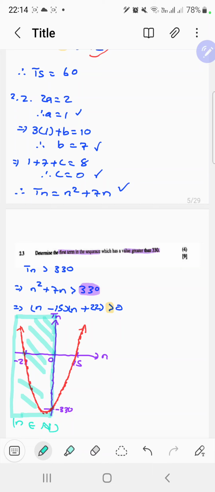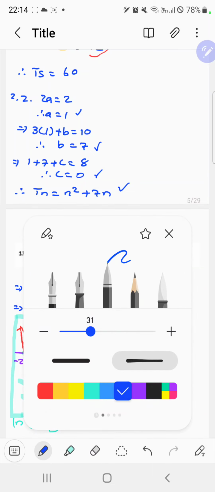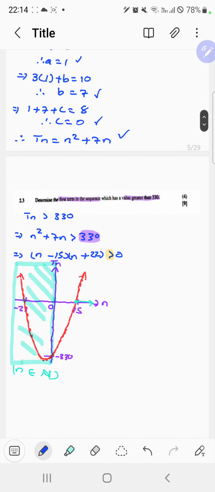But where is our solution lying? You can already tell there that, look, we have a solution along here, because where is this graph greater than 0? It's greater than 0 after 15, and that's what we want. But of course, knowing that there is a huge restriction, we only have this portion of our graph. So we can make our conclusion, all right, we know that therefore n must be greater than 15, right?